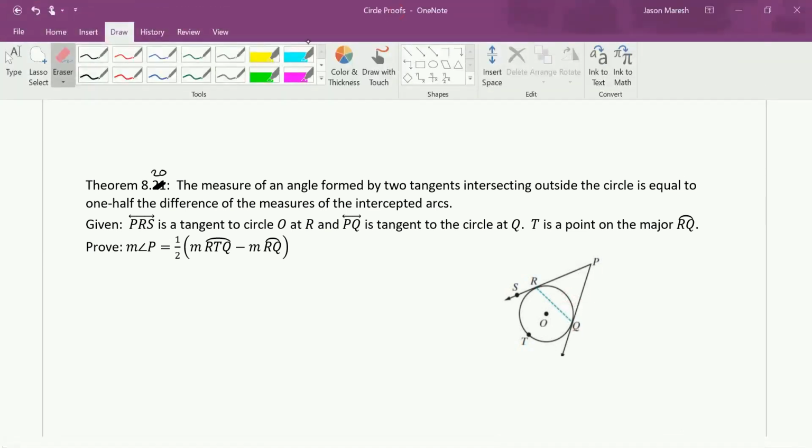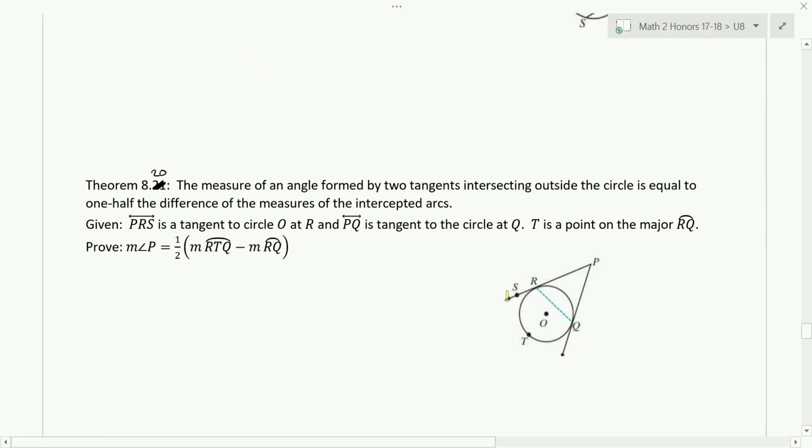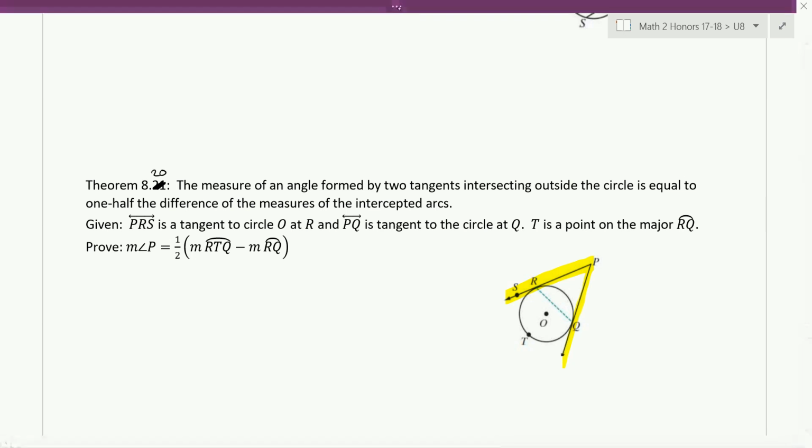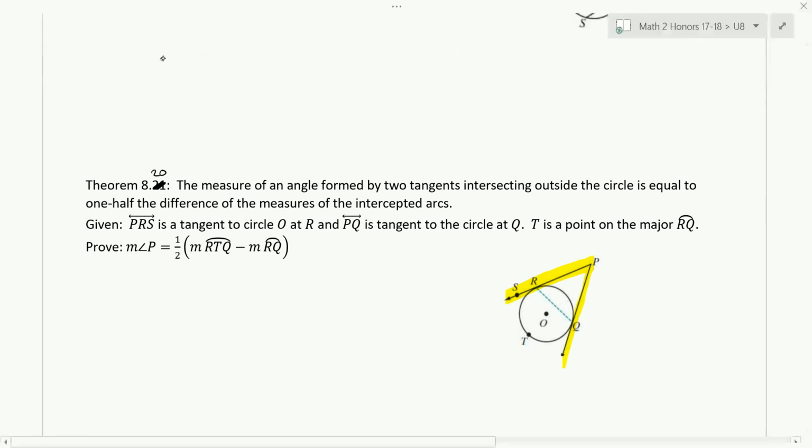In this case, we have two tangents to our circle intersecting at a point P. And the 2 points of tangency, R and Q, if we connect those points, there's quite a bit we already know about this. There's different proofs we can show. What do you know about that triangle already?